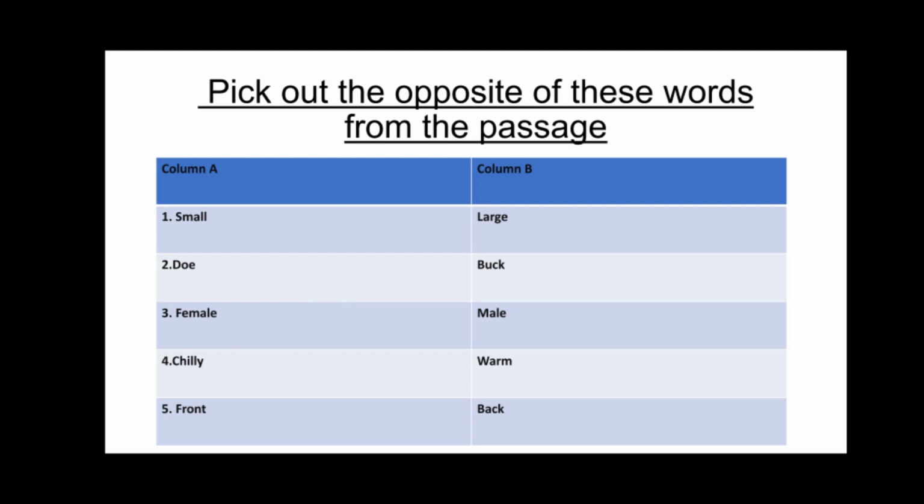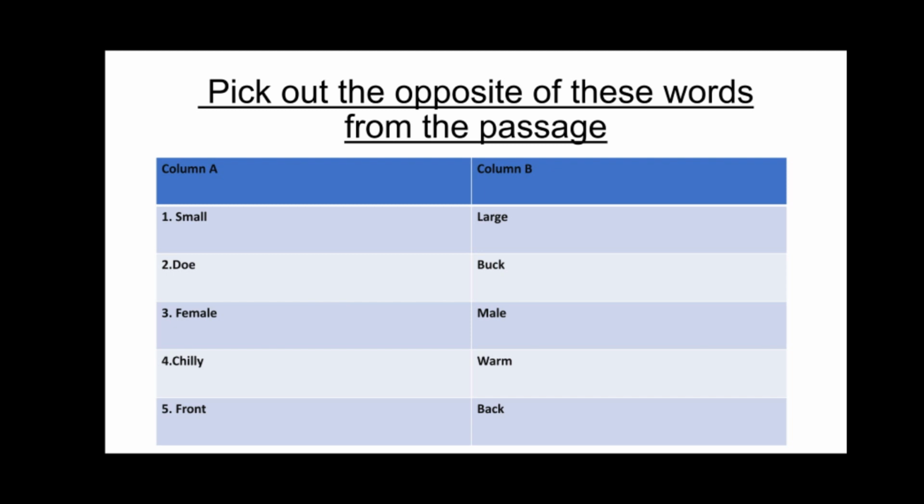The fourth word is chilly. Chilly means cold. So children, in the first paragraph, the second last line, where it's written warm and beautiful fur, so you have to underline warm. And the last word is front, so you can find this word in the first paragraph on the 7th line, where it's written on its mother's back, so underline back.